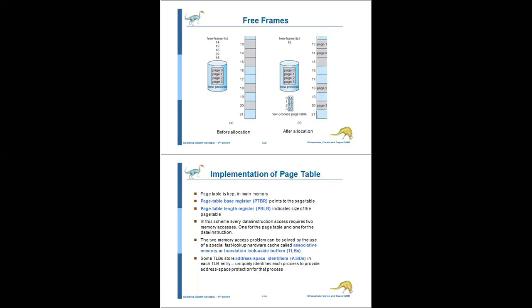Whereas the page table length register indicates the size of the page table. So the page table base register points to the page table, whereas the page table length register indicates the size of the page table.